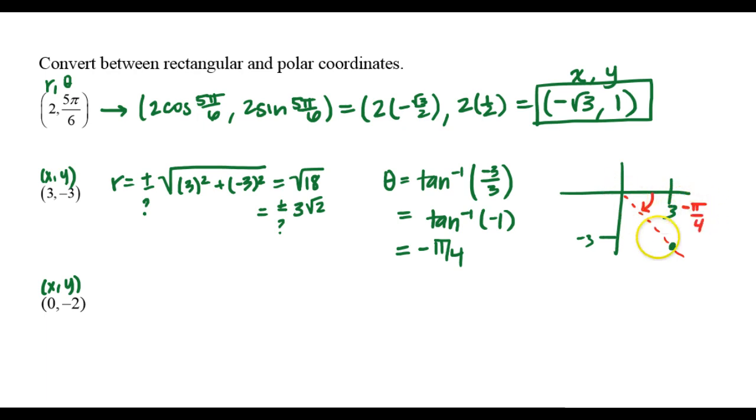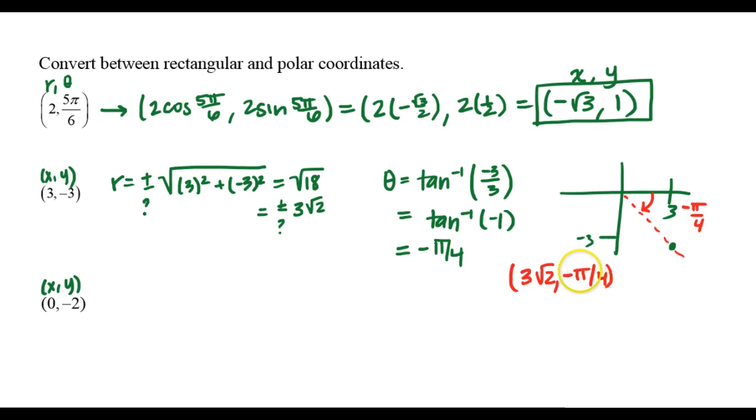And then r is the distance. So if I am going down to negative pi over 4, I want to go towards negative pi over 4, so I want to choose the positive directed distance here. So my polar coordinate is positive 3 radical 2, and the angle is negative pi over 4. Now, I don't want to say this is the one and only solution, because polar coordinates have more than one way we can represent them, because angles don't have unique representations.